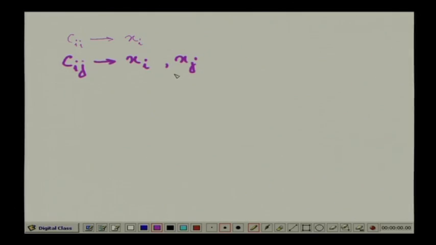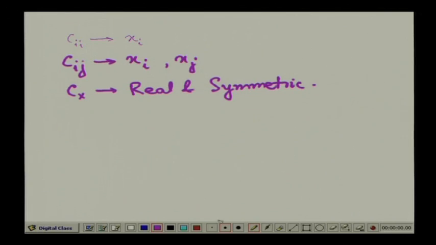And this covariance matrix Cx is real and symmetric.